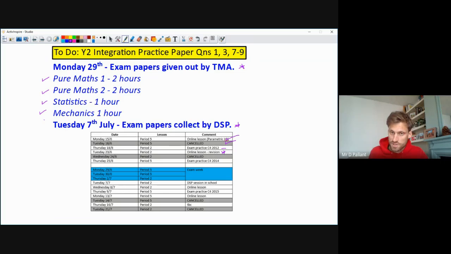We are not using these for UCAS grades, so there is no advantage to cheating. If you do cheat, you're going to do yourself a big disservice. So no checking your notes, no looking anything up. You can do it or you can't. This is not a rod to beat you with. We need to understand what your knowledge is like in the different topics, because we need to plan for next year. So please do these tests responsibly.